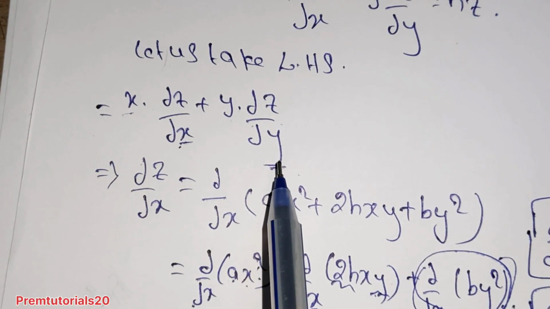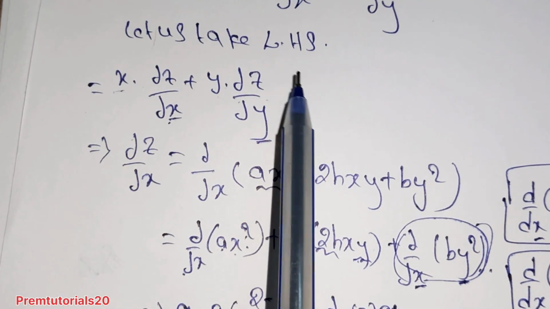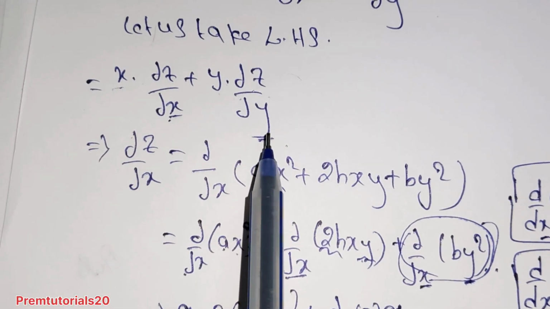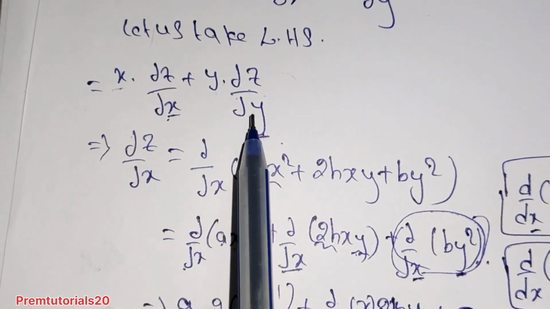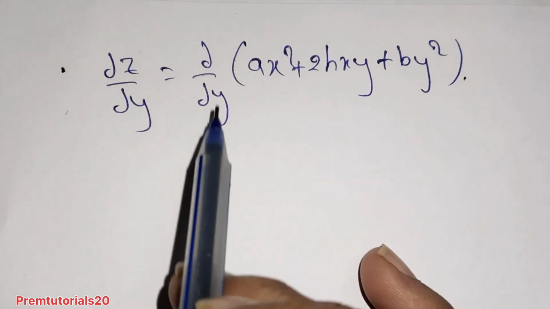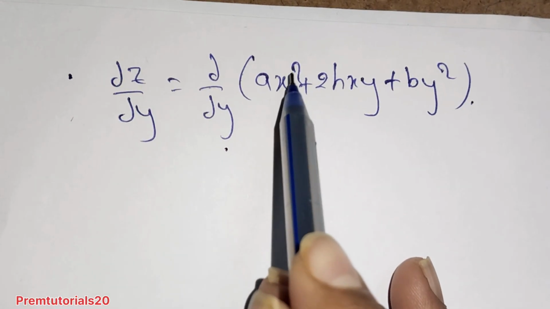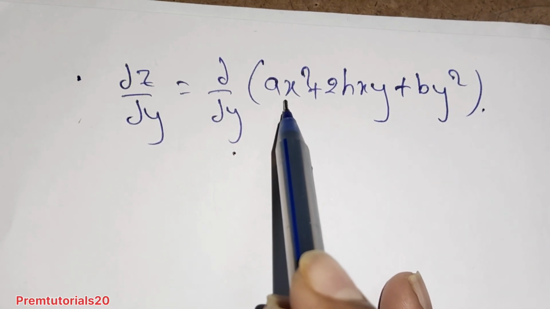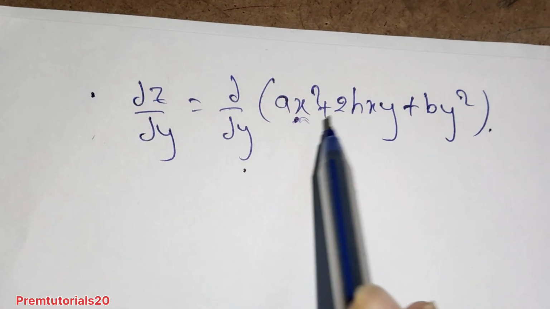At this time we are going to differentiate this term with respect to y. Now ax square, that means we have an x term here, so it becomes 0.